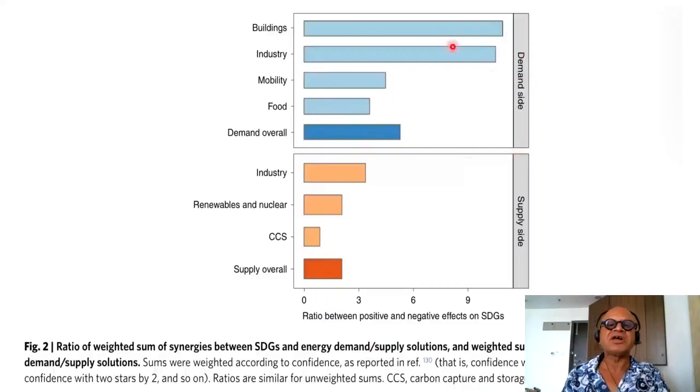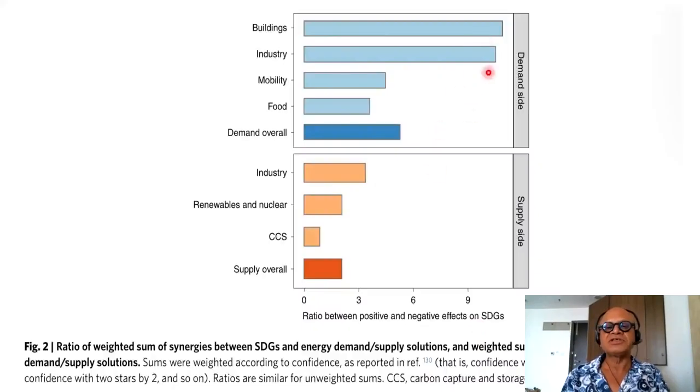So on the demand side, you have things like building, industry, mobility, food, and demand overall. So obviously, larger the ratio, larger the positives for SDGs. Remember, we looked also at other things and how they affect sustainable development goals, and said some adaptation mitigation strategies are synergistic, some are trade-offs, and so on. So this is similar. High ratio of positive is good.